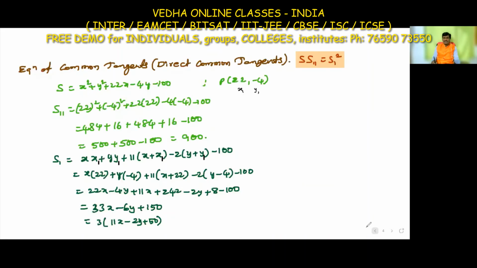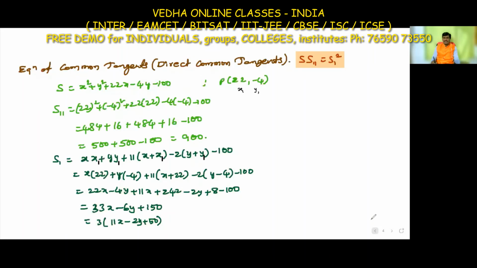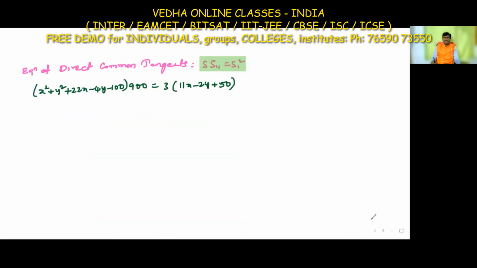What is S1 here? 3 into 11x minus 2y plus 50, right? 11x minus 2y plus 50.